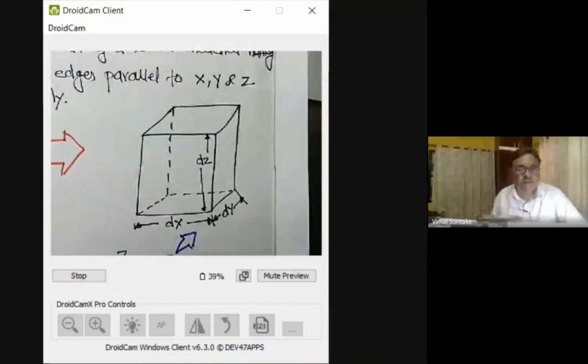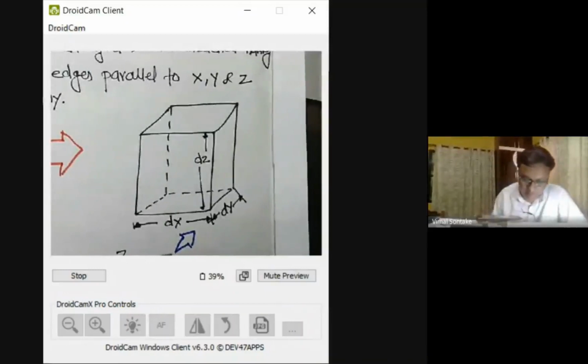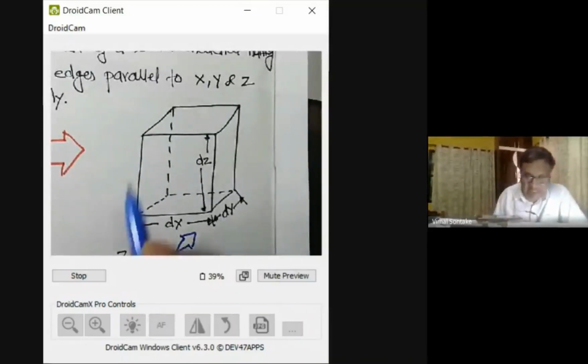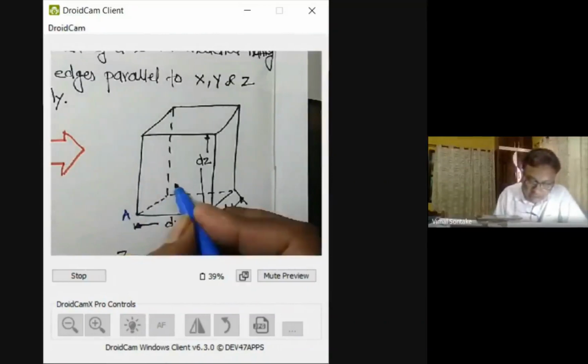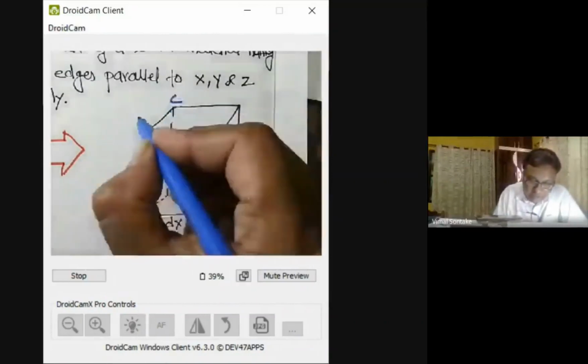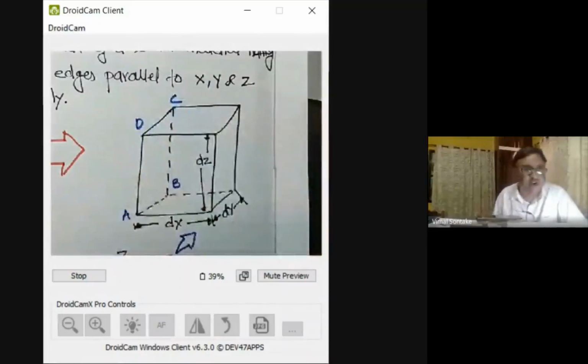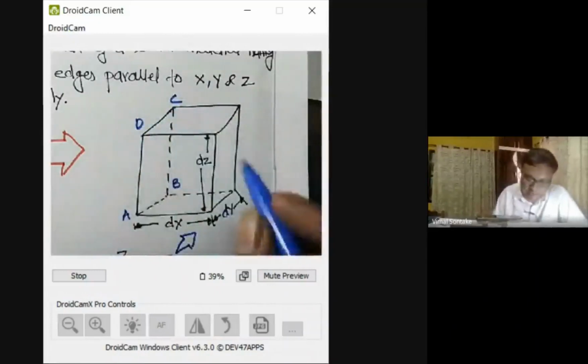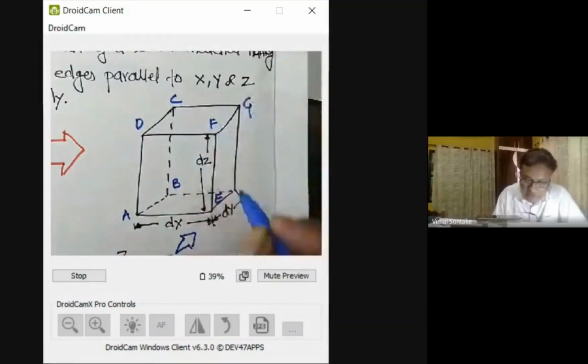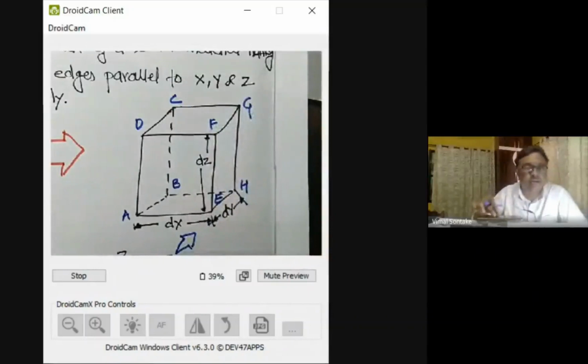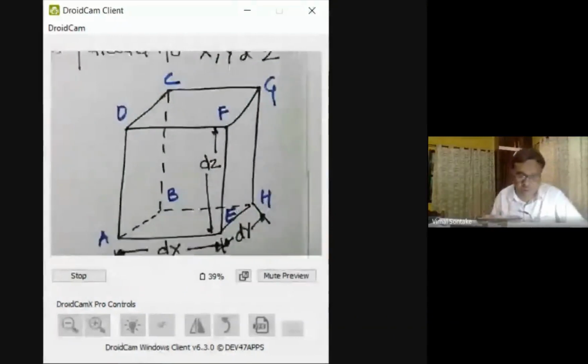Now I want to represent all the heat transfer rate in three directions, X, Y, and Z. Let us first give the nomenclature to different faces of this parallelopiped element. Let's say this represents face A, B, C, D. It will help me to identify different planes and area. And this is E, F, G, H. You can see it's in large view. Okay.